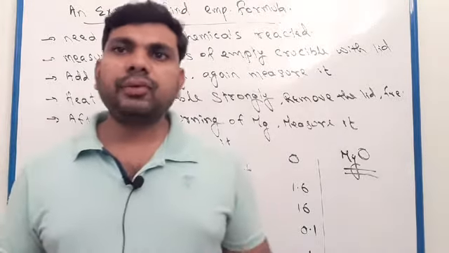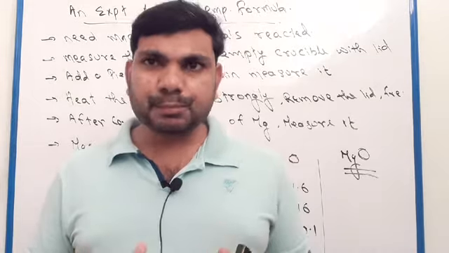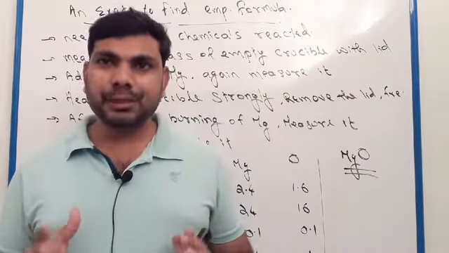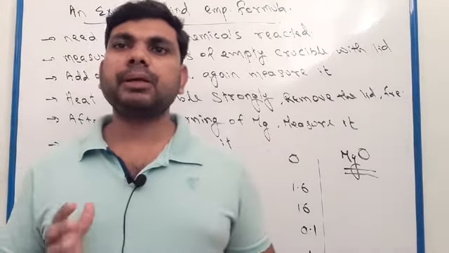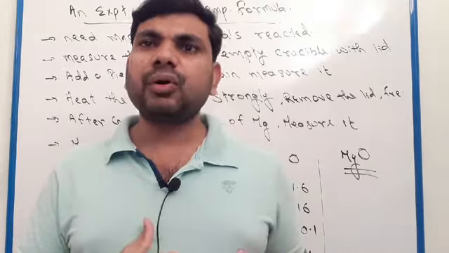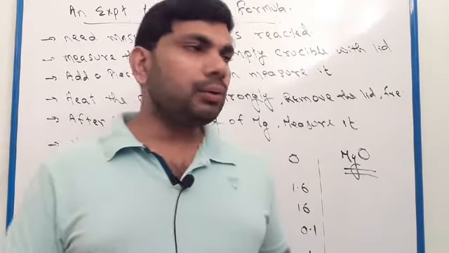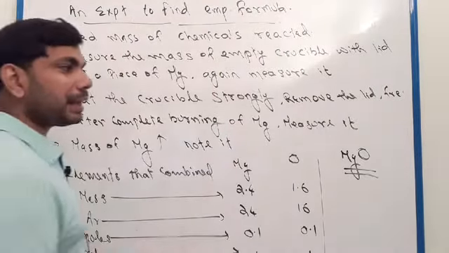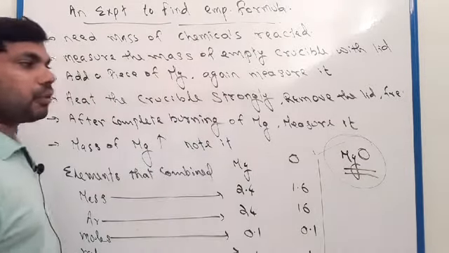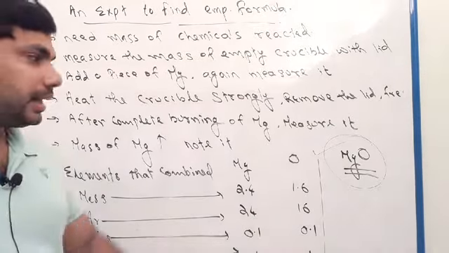Next, we have to understand an experiment to find the empirical formula. We know that to find the empirical formula we need mass. Look here, magnesium oxide, its empirical formula is MgO.